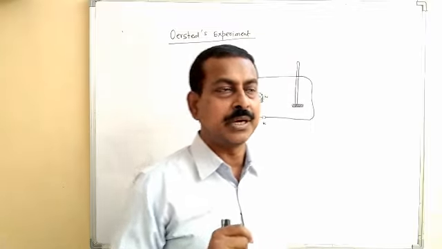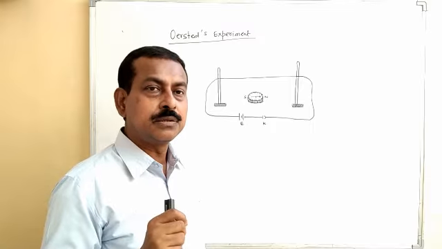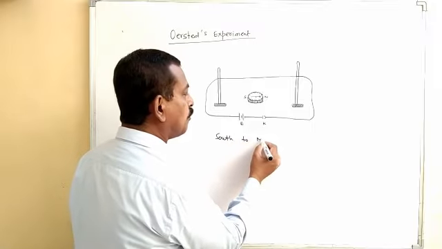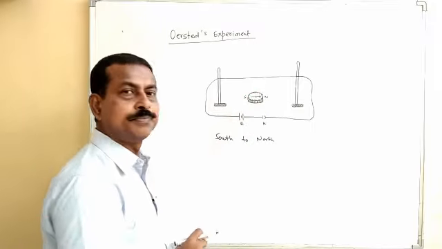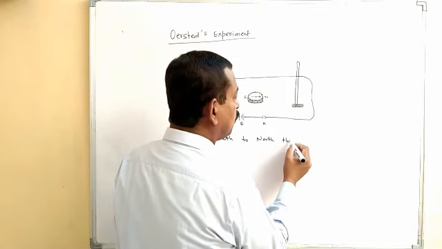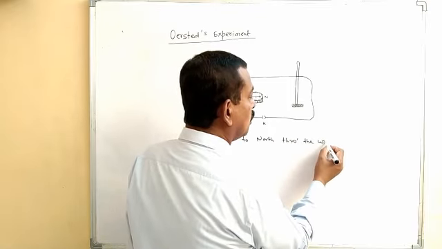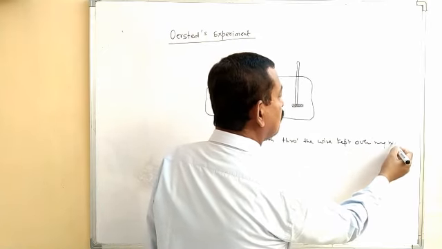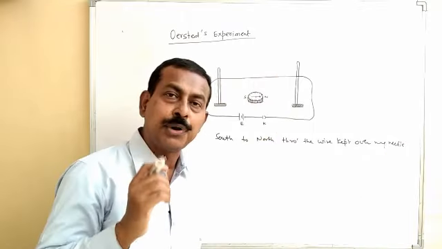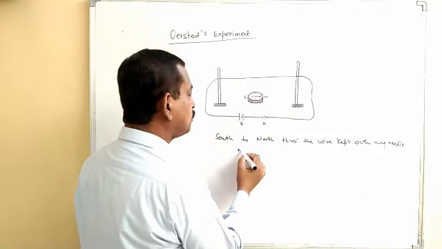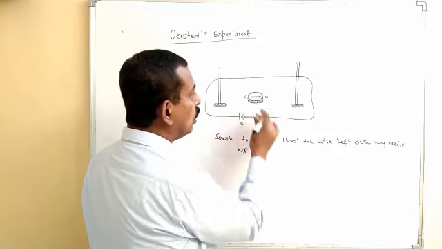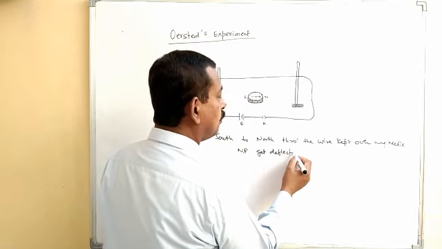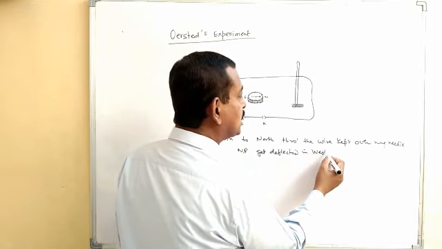His observations were when he passed electric current through the wire in a direction south to north, through the wire kept over the magnetic needle, then he found that the north pole of the needle gets deflected in west direction.